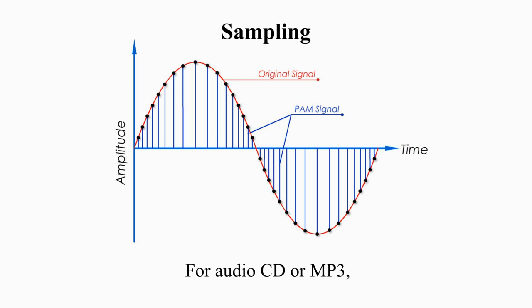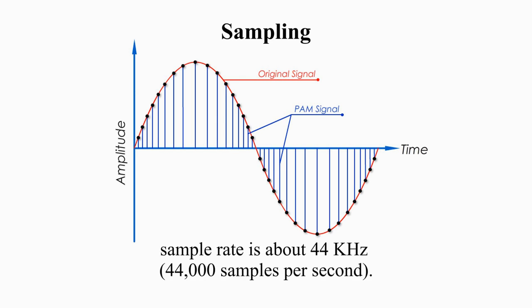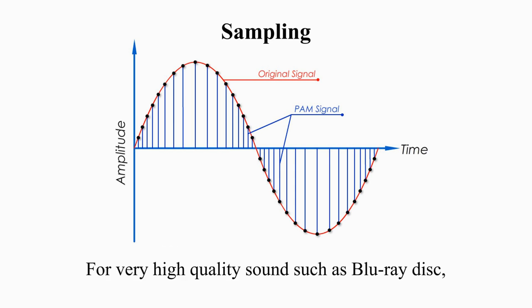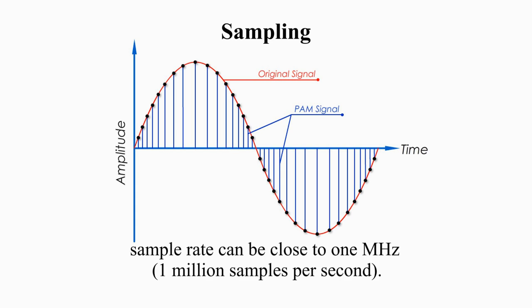For audio CD or MP3, sample rate is about 44 kilohertz or 44,000 samples per second. For very high quality sound, such as a Blu-ray disc, sample rate can be close to 1 megahertz or 1 million samples per second.